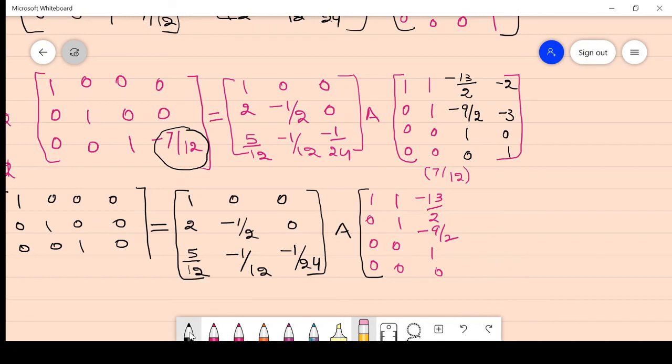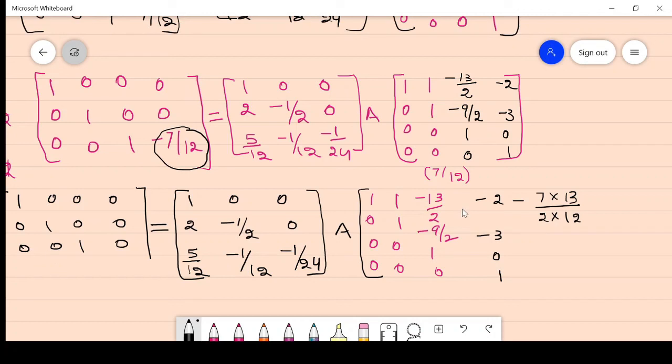Now what is C4? This is minus 2 plus minus 7 into 13 over 2 into 12. Similarly minus 3, similarly 0, similarly 1.